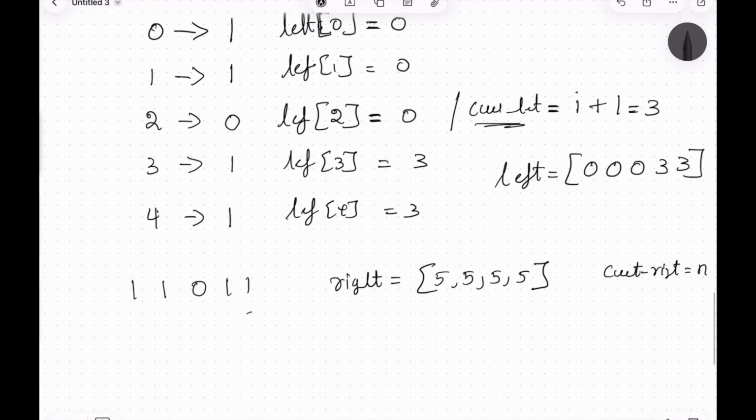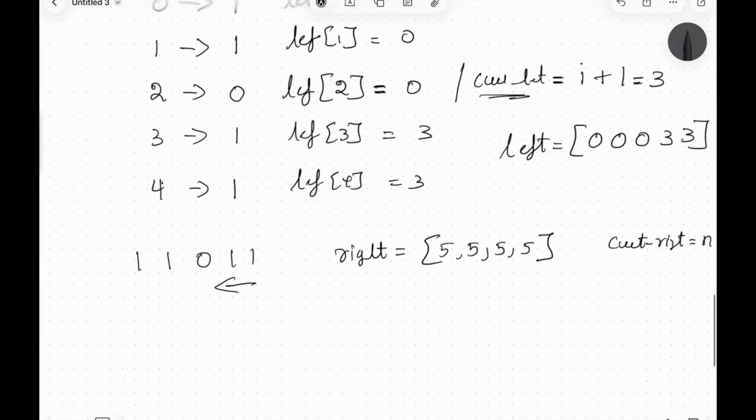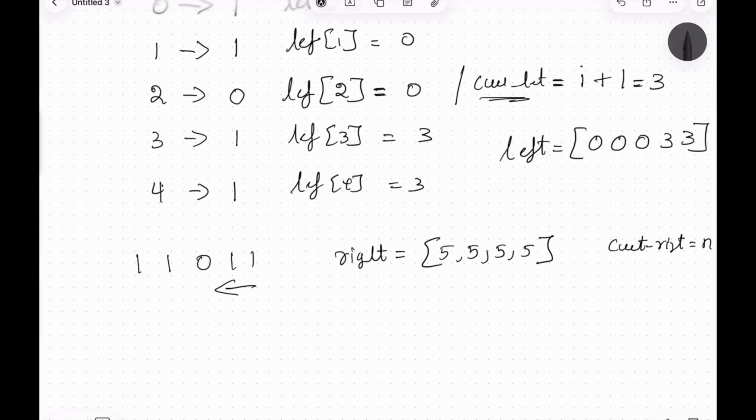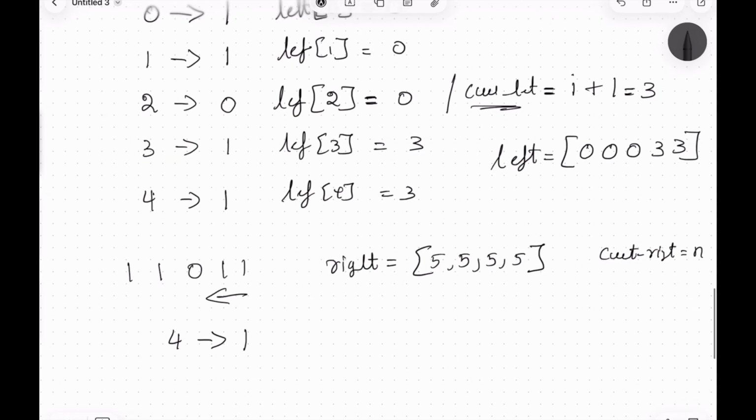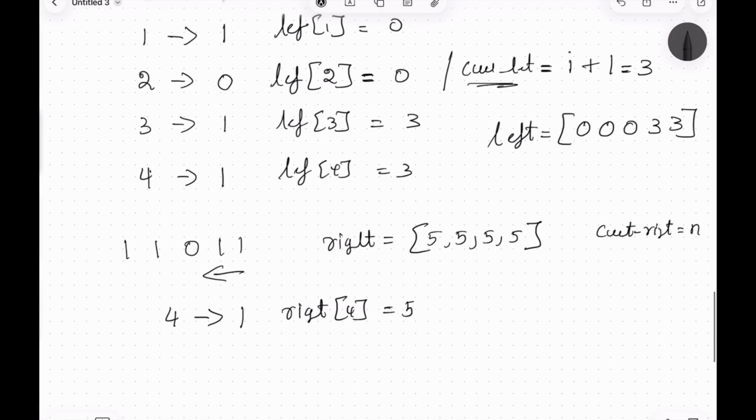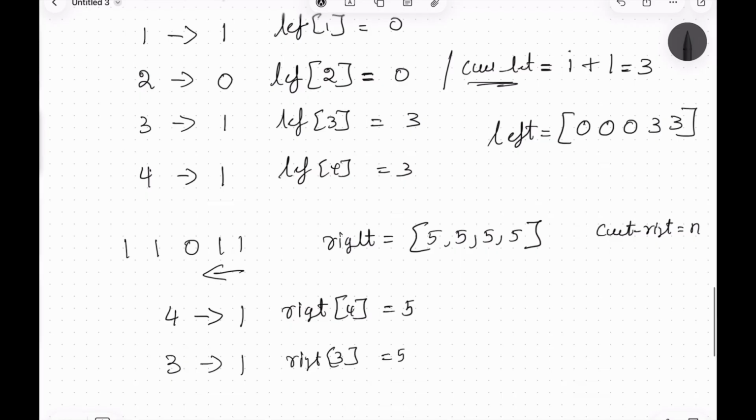So we iterate from the back. First, for position 4, the value is 1, and right of 4 will be 5 only, and the next position, 3, is 1, and right of 3 will be 5.